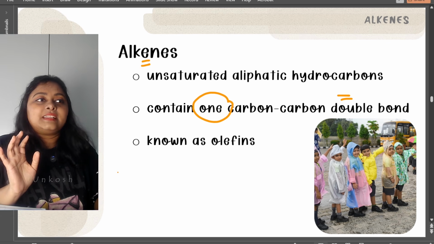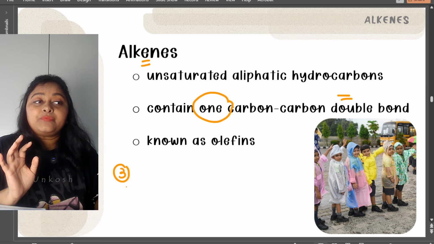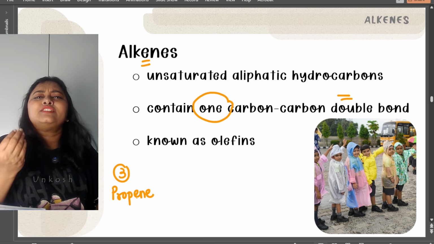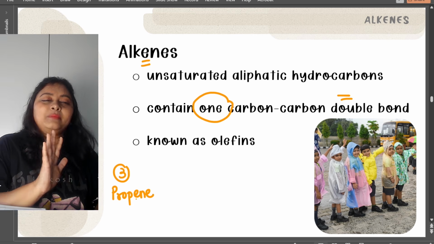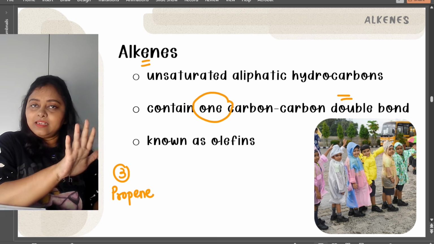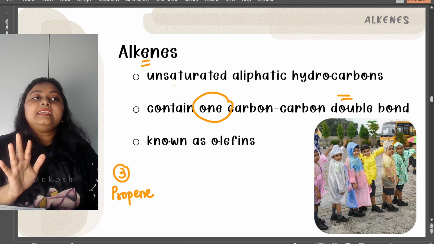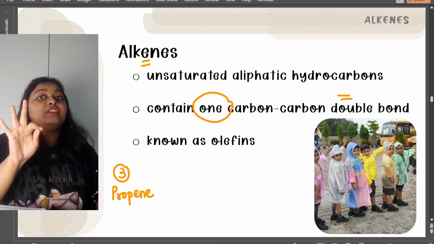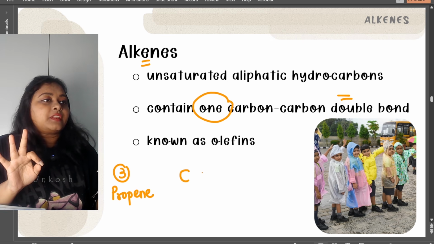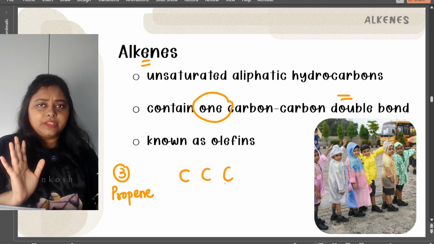Let's take that same example of 3 carbon atoms, wherein we were talking about propane. Now we'll talk about propene. How the spelling is changing, what the naming system is, we'll be talking about in detail a little later in this video. But for now, just remember, the alkene example is propene, wherein we have got 3 carbon atoms. Again, 3 within the compound.